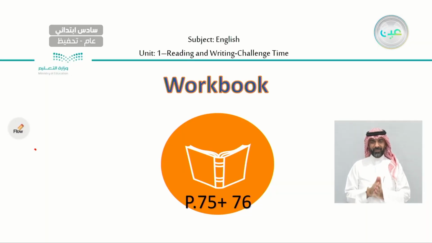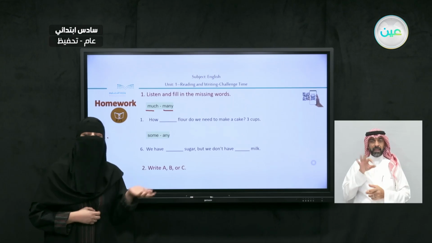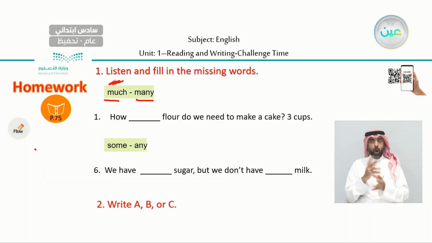Okay, now let's go to the workbook on page 75 and 76. Okay, on page 75, listen and fill in the missing words. Okay, here we have much and many. Okay, how many and how much? Okay, can you tell me when we use much for countable or uncountable? Much. Yes, uncountable.